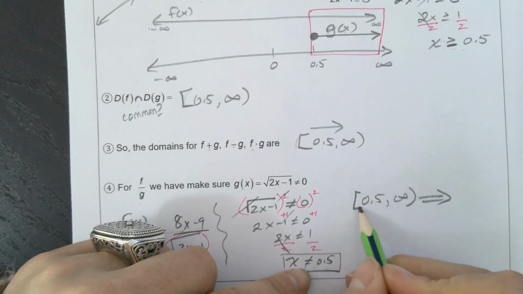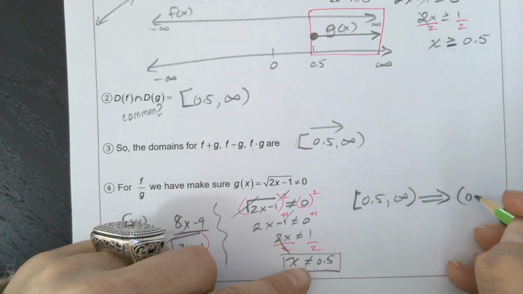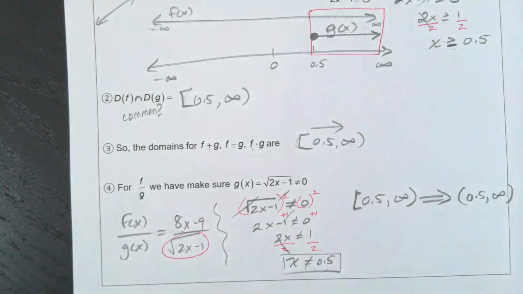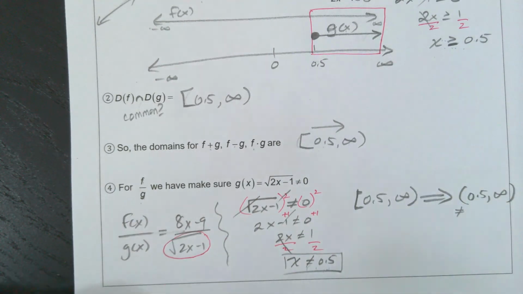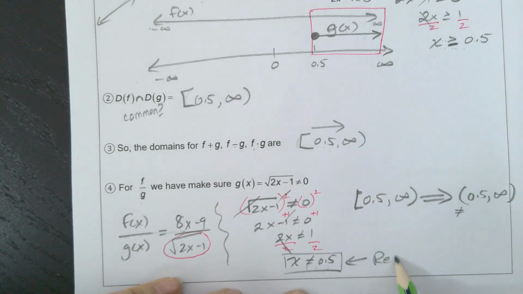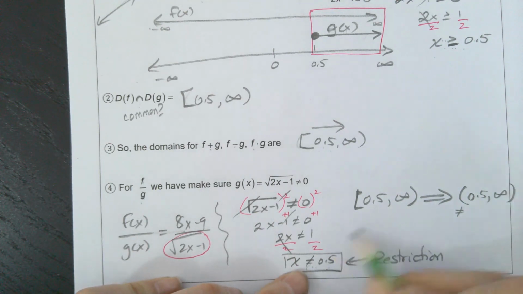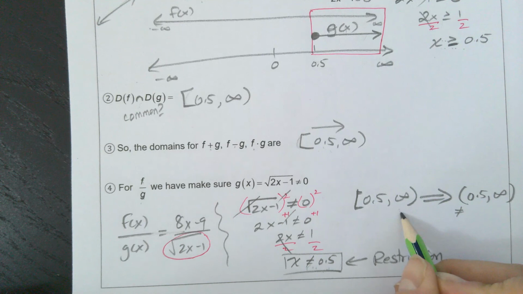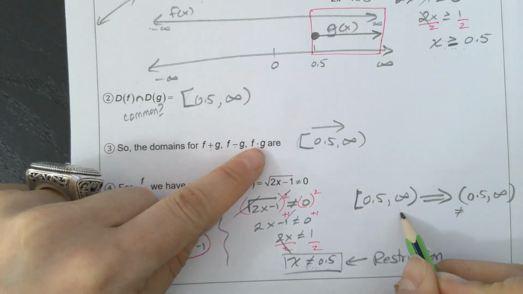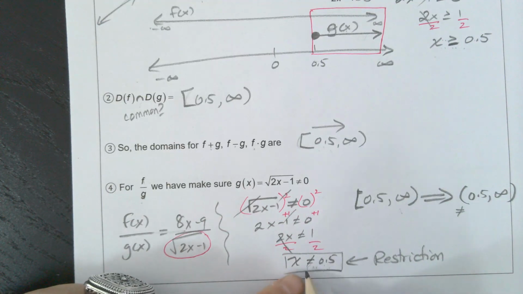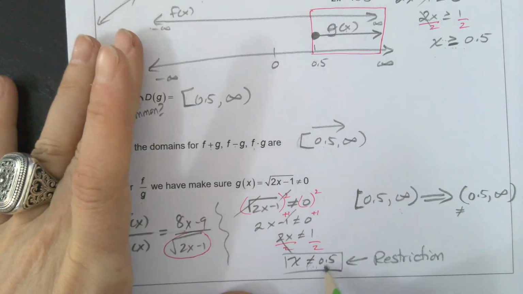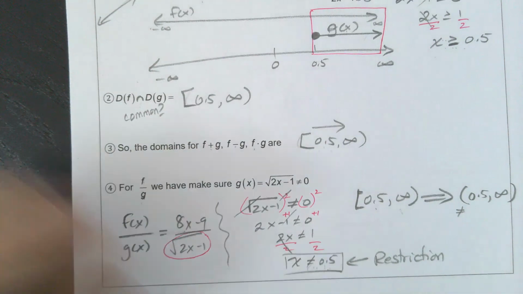So I have to take this out and say, now it's this. So I have to just add one extra restriction. So add, subtract, and multiply are easy, but then divide has one extra step, and this says don't let x equal 0.5, so we change it.